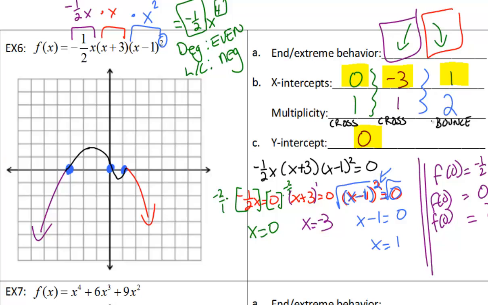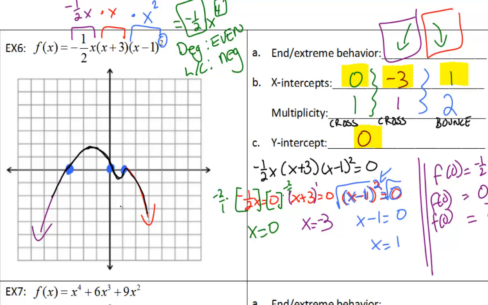What happens at 1? I bounce. And if you look at this, didn't I touch and turn around? So when you cross, you go from one side of the x-axis to the other. When you bounce, you touch and you turn around. Which way do you touch and turn around? It depends on which way you were going. So see, I came in from the bottom, so I need to go back down.